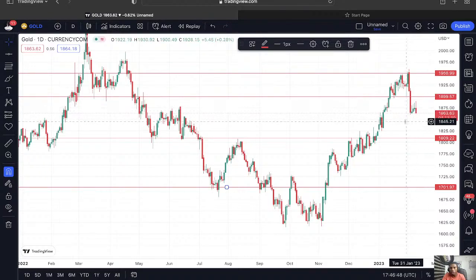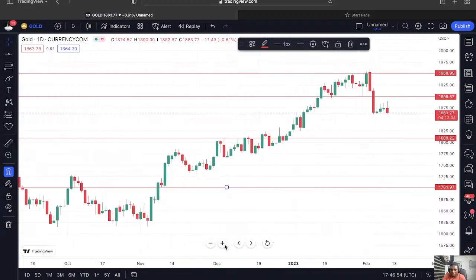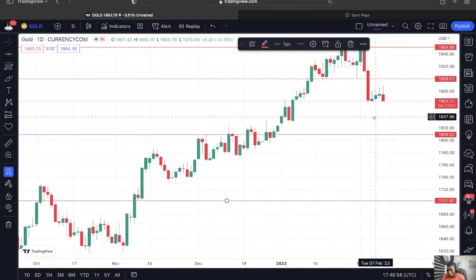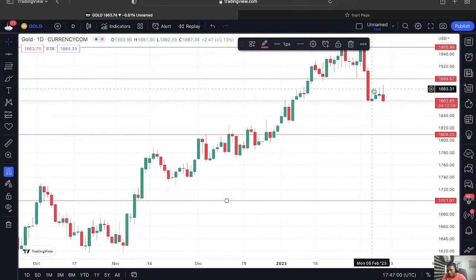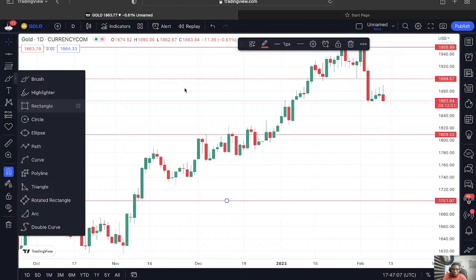What do you expect on gold? Looking at gold clearly, what can you spot? Let me know in the comment section. What direction would gold most likely go? Up or down? Bullish or bearish?